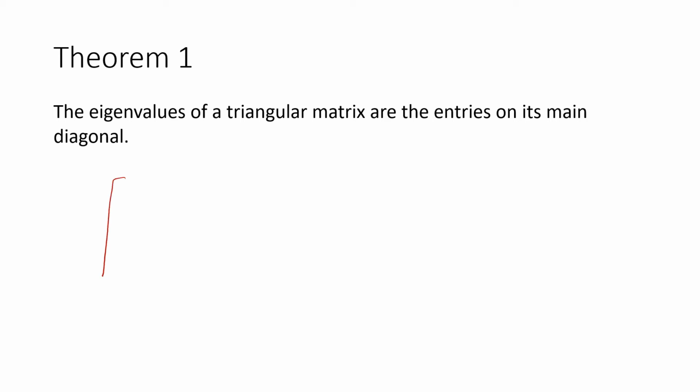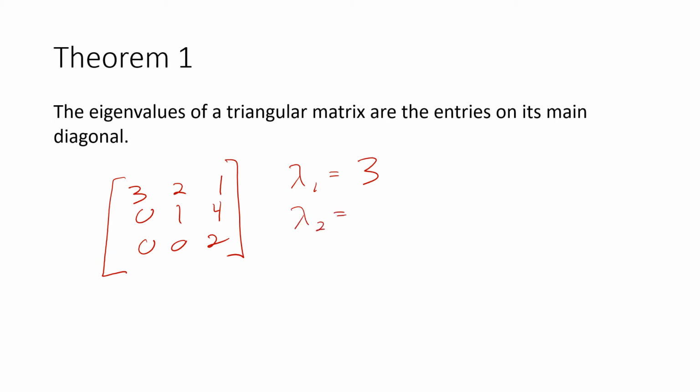So if you have a matrix, say for instance, I just make this up, 3, 2, 1, 0, 1, 4, 0, 0, 2. That is a triangular matrix. The eigenvalues for that are, the first eigenvalue is 3, the second eigenvalue is 1, and the third eigenvalue is 2. Why is that? Well, take a look at what we just saw a little while ago.